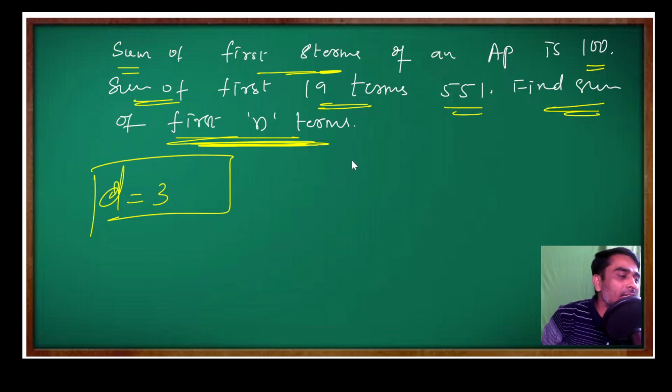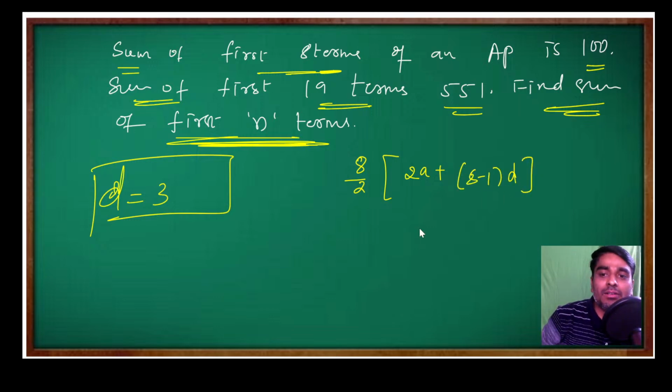If you don't know, see, first 8 terms, so 8 by 2, 2a plus 8 minus 1 into d, one equation. So this will be 4 into 2a plus 7d, and we have to equate it to 100. So 2a plus 7d equal to 25.